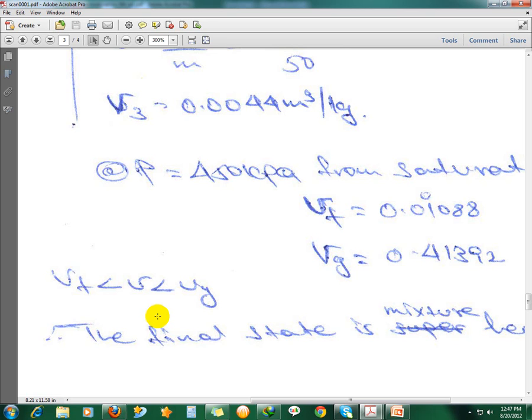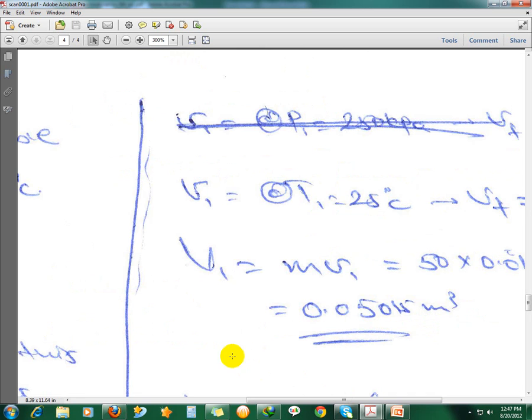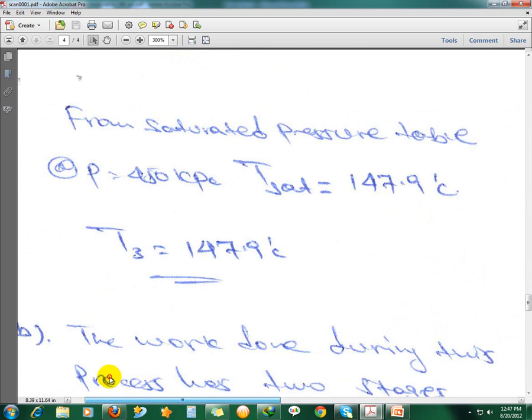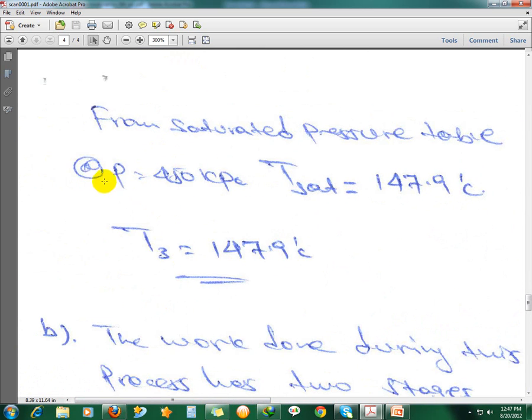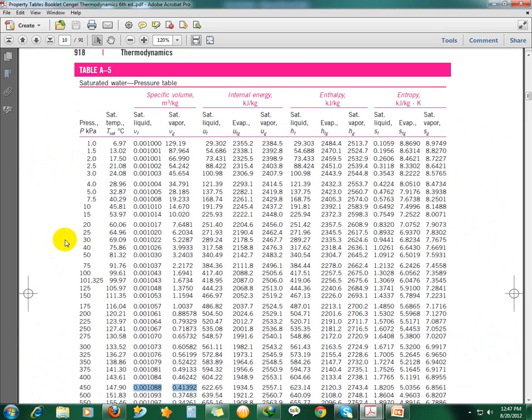So if the state is mixture, the final temperature is Tsat at P equal to 400 kilopascal. So from the mixture table, at P equal to 450 kilopascal, Tsat is equal to 147.90 degrees Celsius.